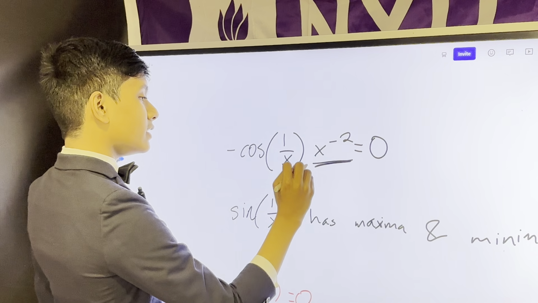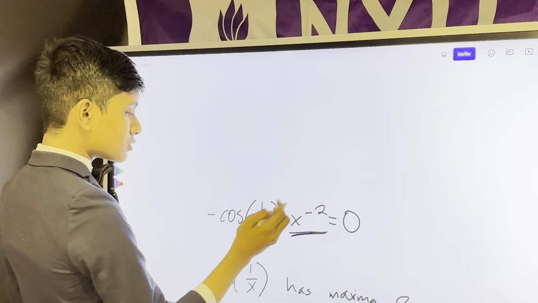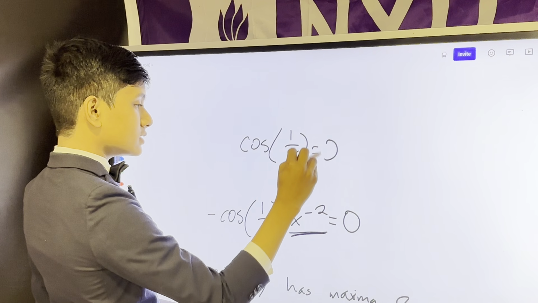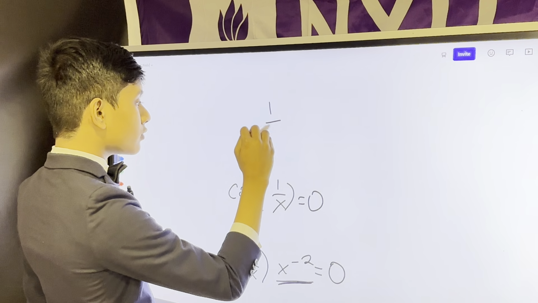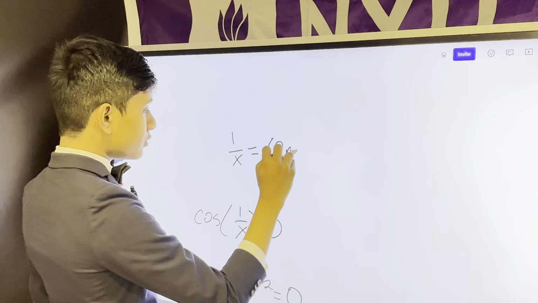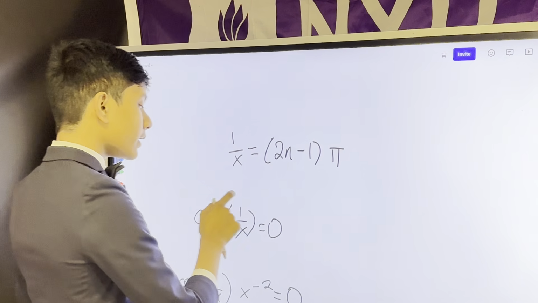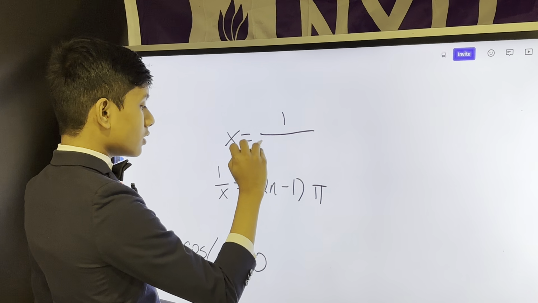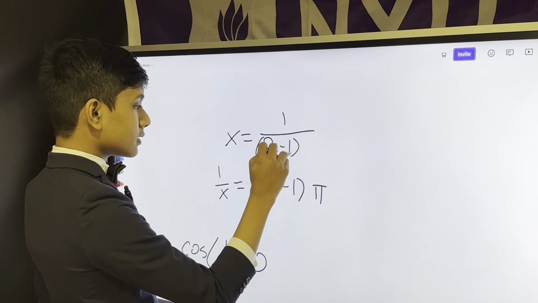Obviously this can never be equal to 0 since it's 1 over x squared, which implies that it's only when this is equal to 0, and thus when 1 over x is equal to 2n minus 1 pi, or in other words, when x is equal to 1 over 2n minus 1 times pi.